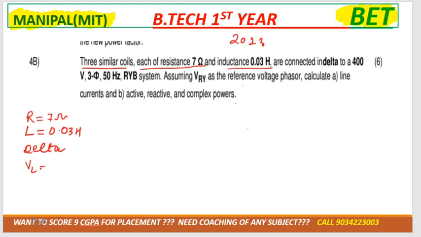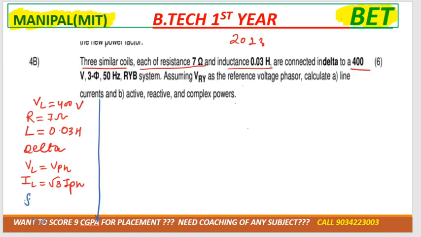So in the delta, line voltage is equal to phase voltage, but the current is IL, not IPH, and they have mentioned the voltage, that is VL. If they didn't mention any voltage, then that voltage is always the line voltage. Frequency is 50 Hz, and they have mentioned that they are using the RYB sequence. Assuming VRY as the reference, calculate the line current. This is a 6 marks question.